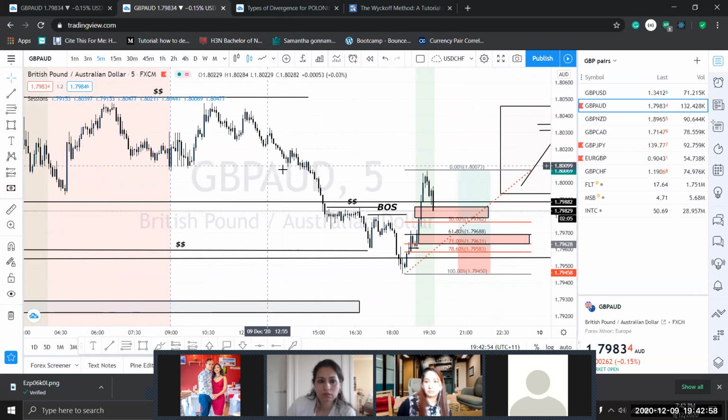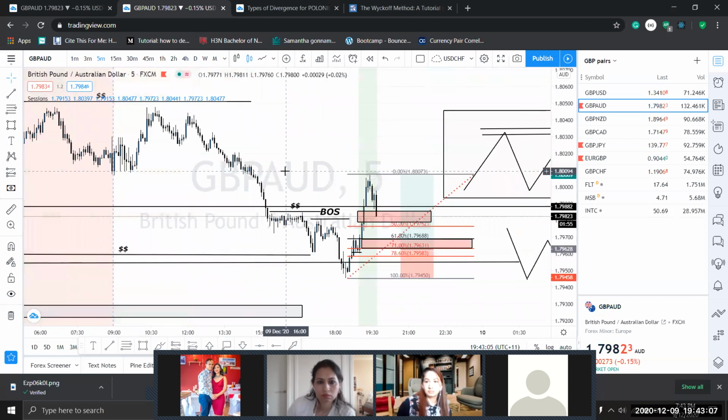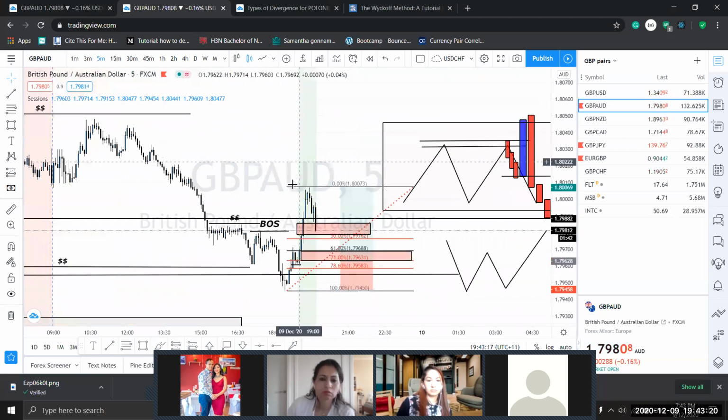There you can find the selling above and buying below in the major pairs, mostly because the major pairs are traded in the New York session. That is why the major pairs are very important.